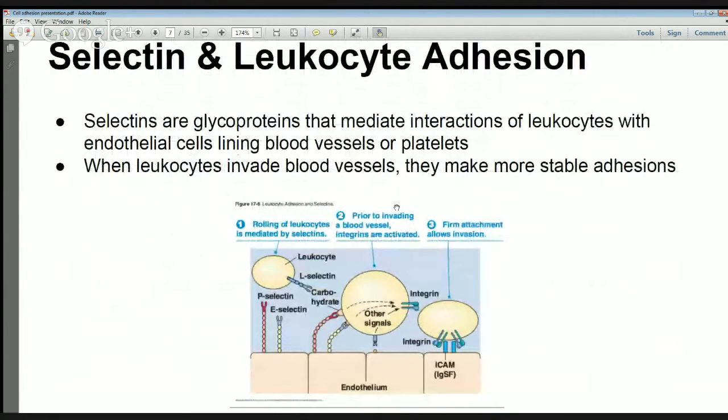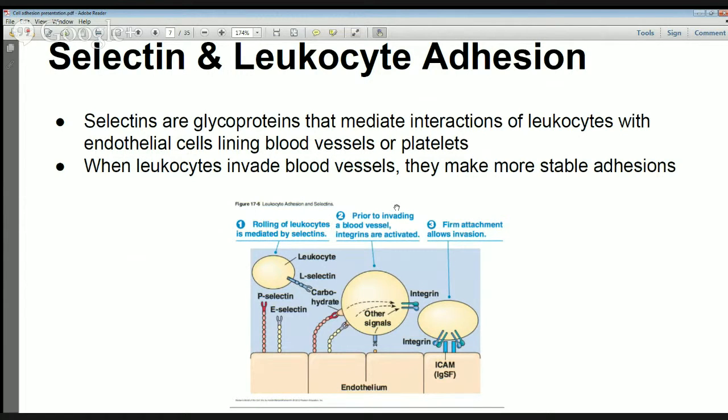Okay. Selectins are glycoproteins that mediate interactions of leukocytes with endothelial cells lining blood vessels or platelets. When leukocytes invade blood vessels, they make more stable adhesions.